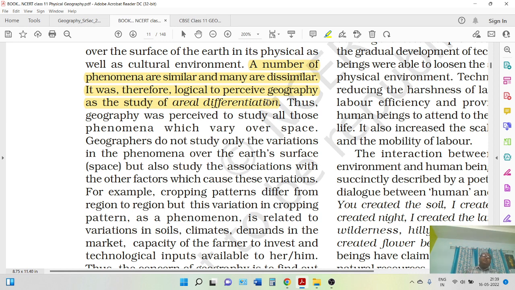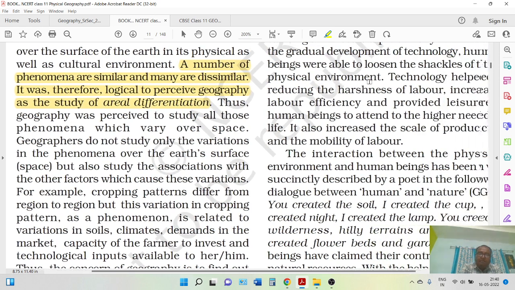For example, you construct a multi-storied building in a mountainous region, and after destruction of the natural vegetation of that mountain, suddenly landslides take place, and all the investment you have made vanishes in a flash, because when a landslide occurs, huge devastation takes place. So nature also shapes human activity. This connection we will build while studying geography.